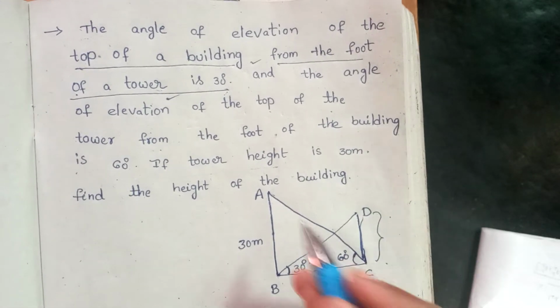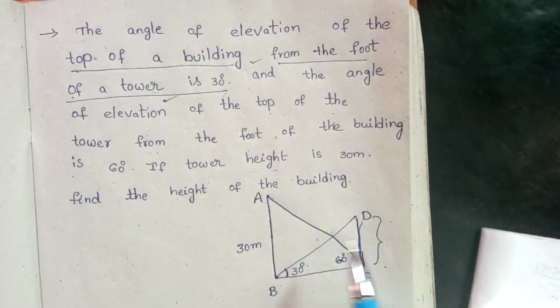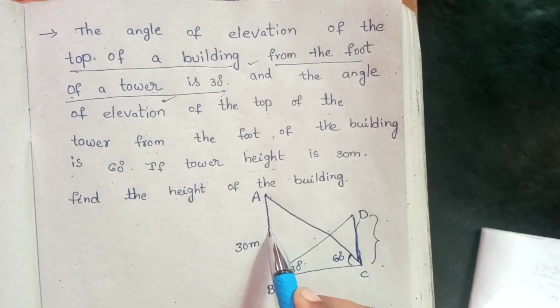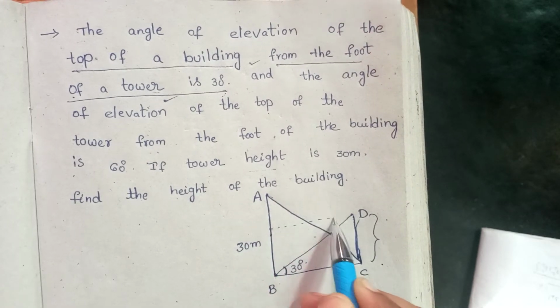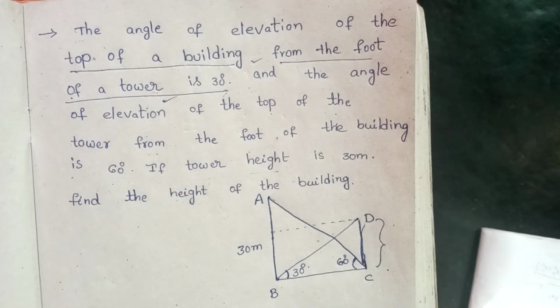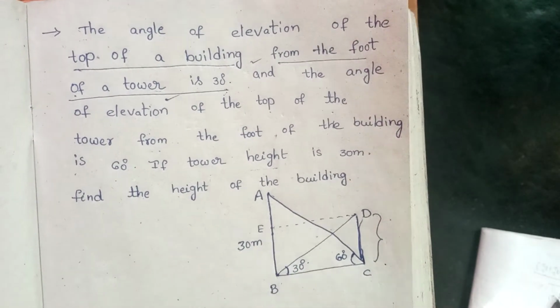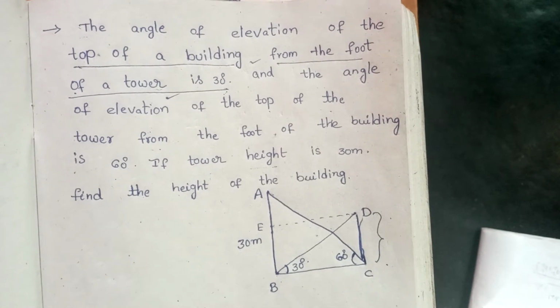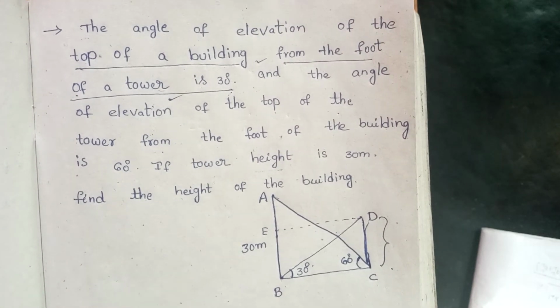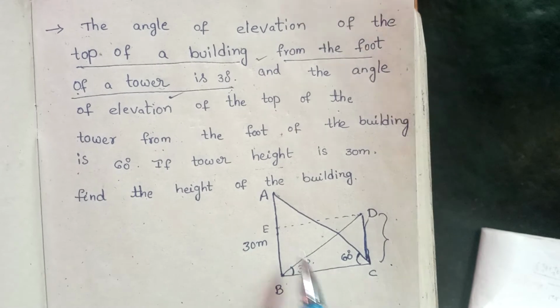Okay. We can draw a line like this. This is E. First of all, there are two triangles.